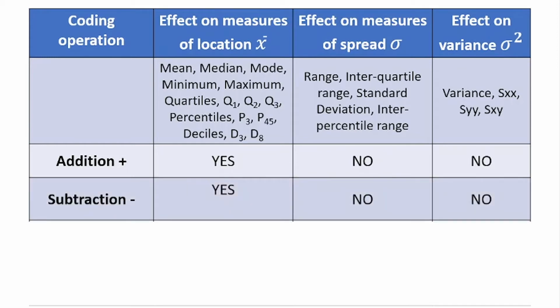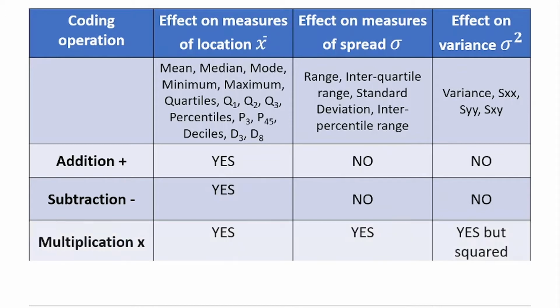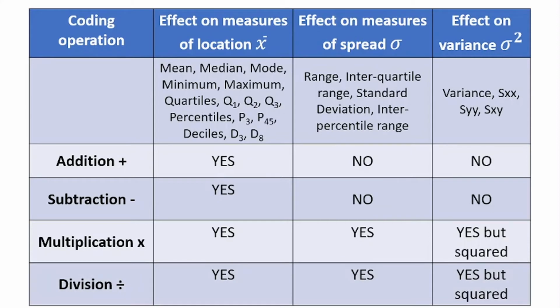Subtraction is going to work exactly the same way as addition, where it only affects those measures of location, with no effect on the measures of spread. Now, multiplication did have an effect on both the measures of location and on all those measures of spread. And once again, division, as you'd anticipate, works exactly the same way as multiplication.